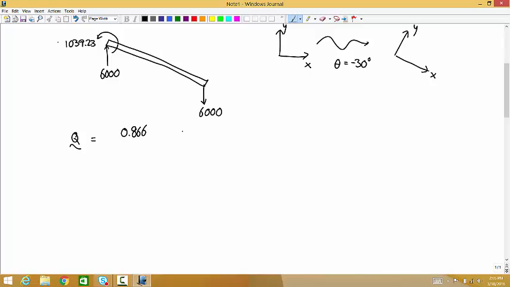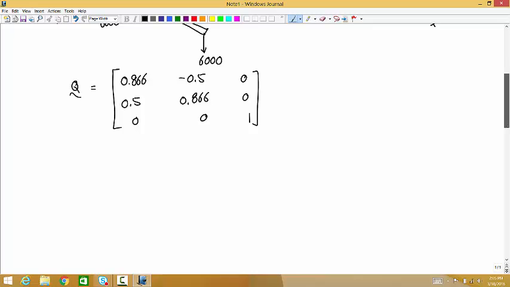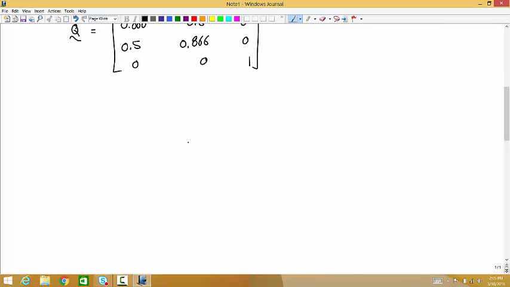So our rotation matrix was equal to 0.866, negative 0.5, positive 0.5, positive 0.866. And so we got this. So this represents our new coordinate directions.